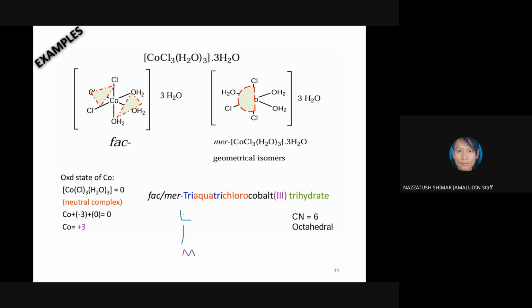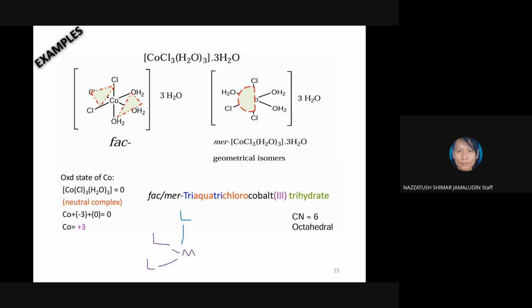Now, the cis position in an octahedral system is always 90 degrees to each other. So the axial, the vertical ligand is always 90 degrees with the other ligands.